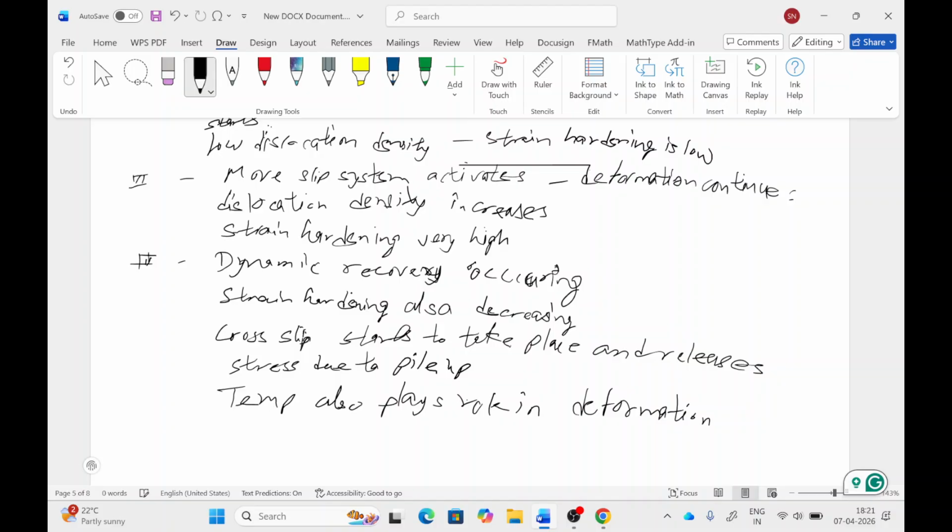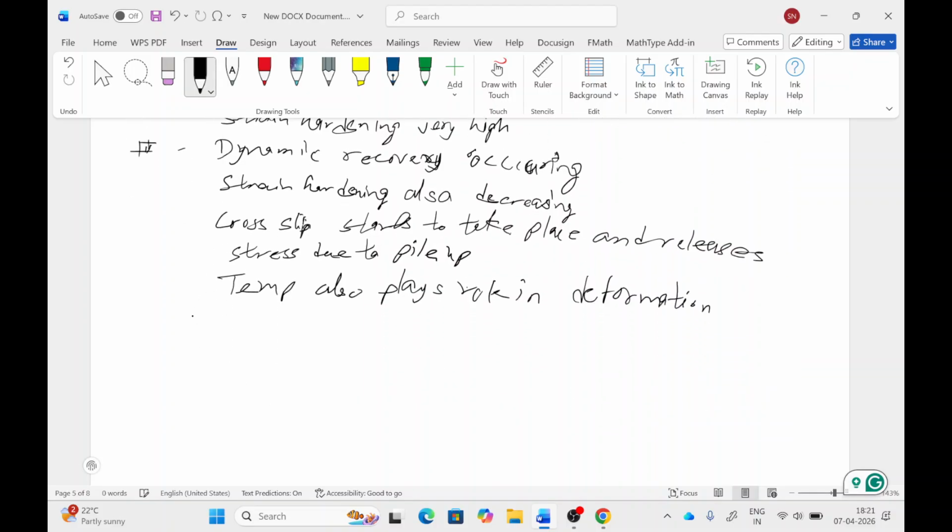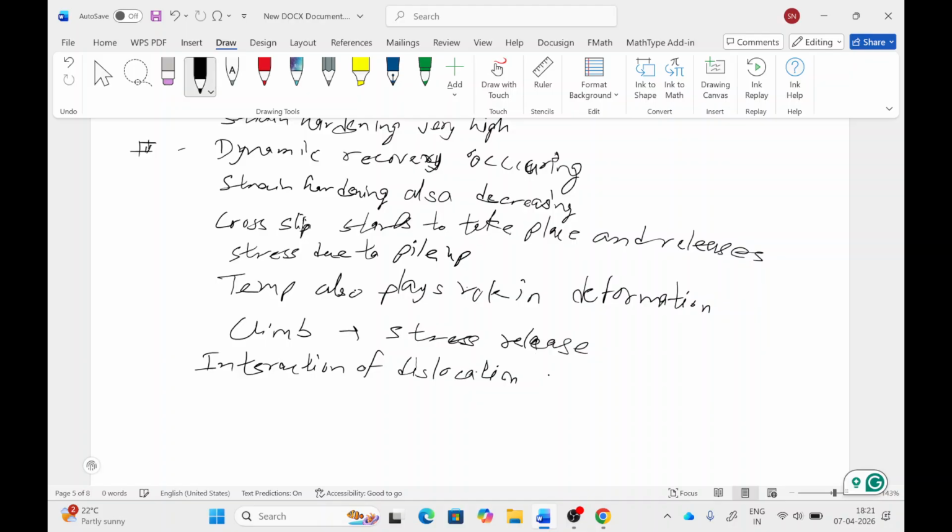As the temperature is present, the climb process will also occur, and because of the climb also, stress release is there. In this stage, interaction of dislocations is the chief hardening mechanism.